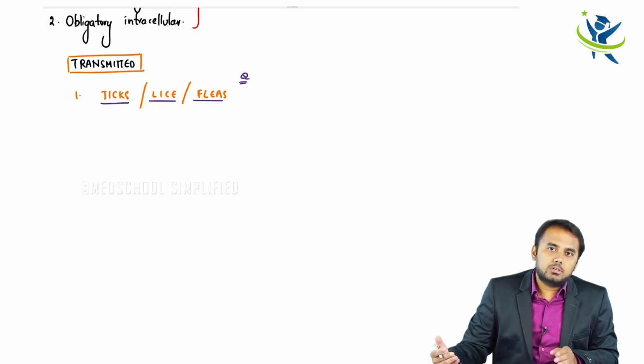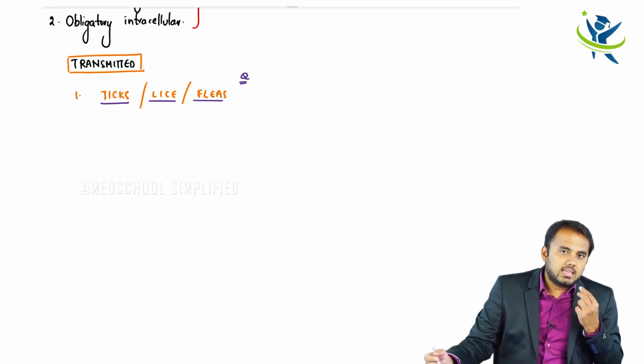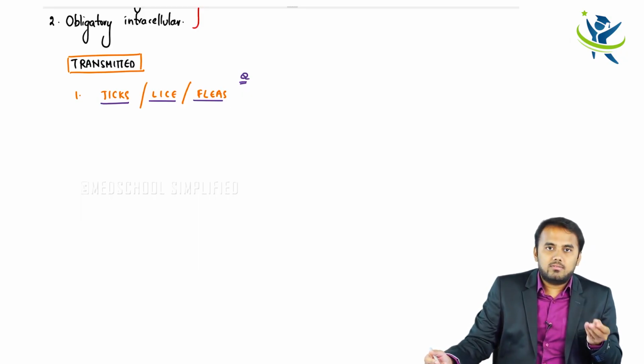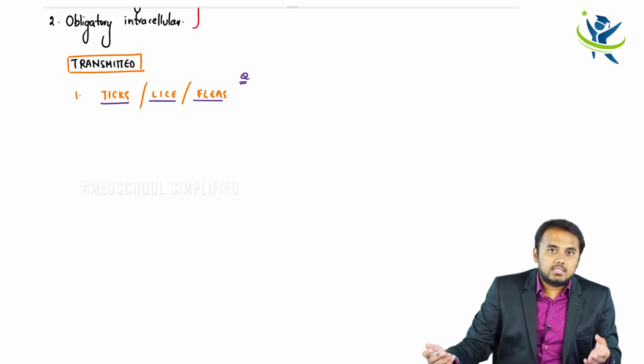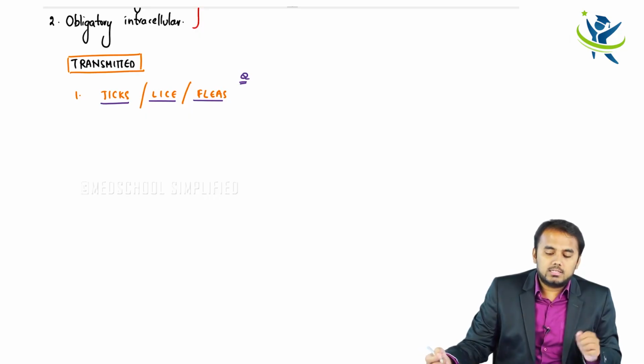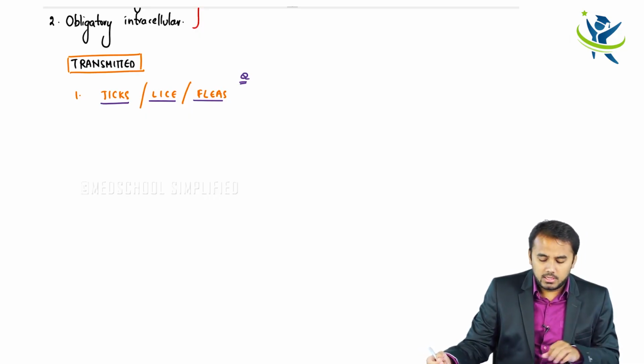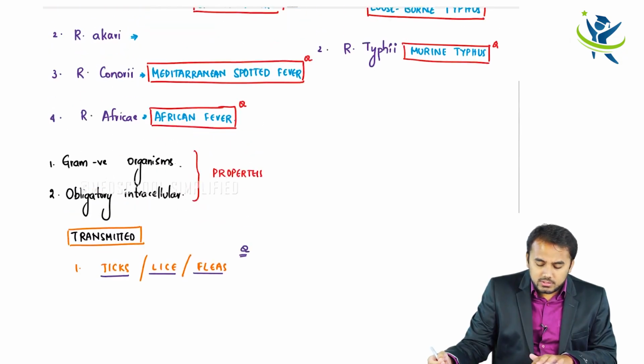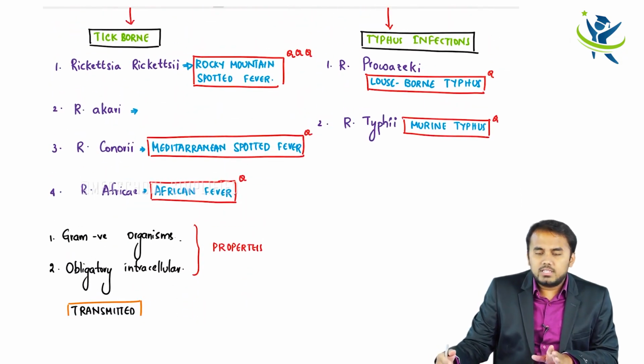Basically, they are transmitted through the saliva. Within the saliva of these ticks, lice and fleas, you have this rickettsial infection. So when the saliva drops on the food and you eat that food, obviously you get this type of infection.